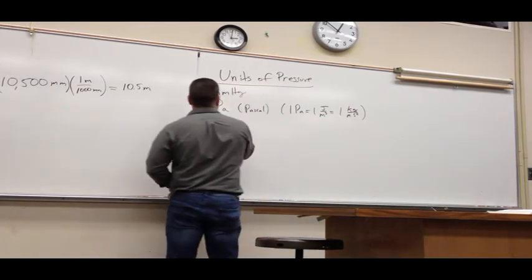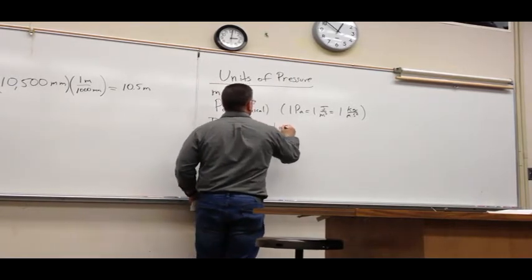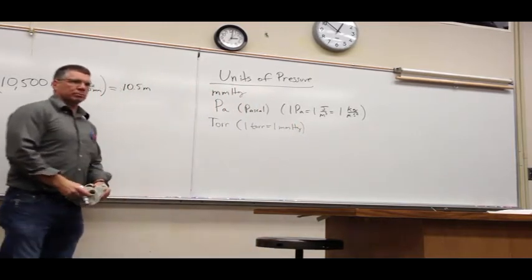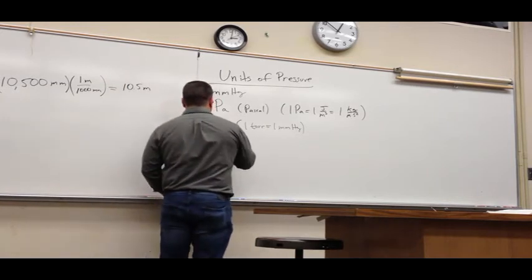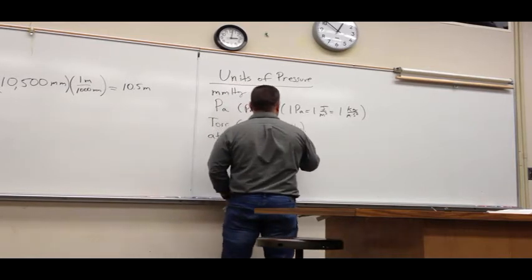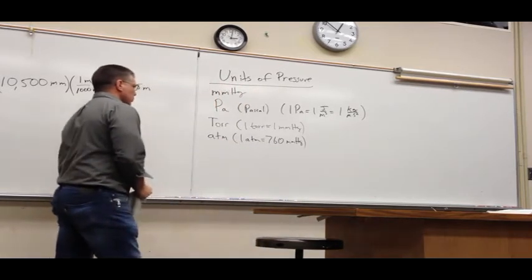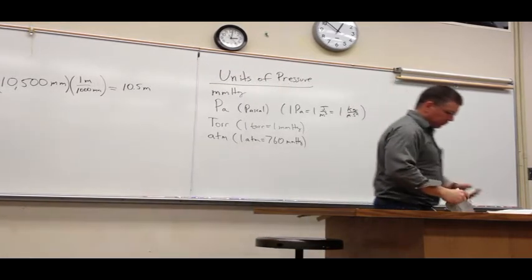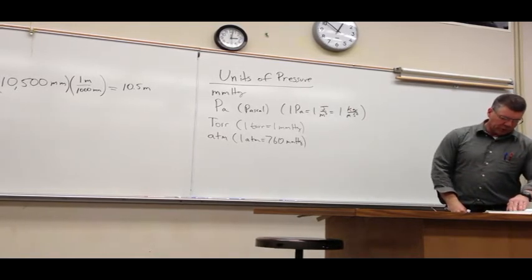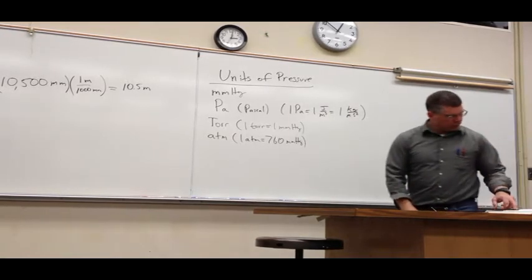Torr. Same as a millimeter of mercury. Atmosphere. There's a list, there's a table. So instead of writing them all down, there's a table on page 425, table 13.1, and you should know it.